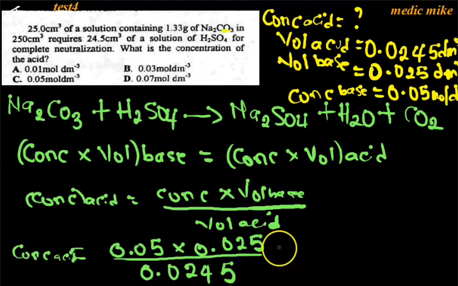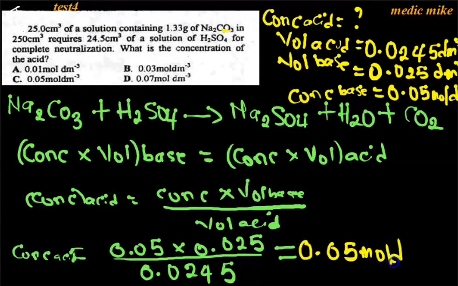And when we multiply and divide that in our calculator, we will be having 0.05 mole per dm³. So this is our final answer, and this is option C. So option C is the right answer.